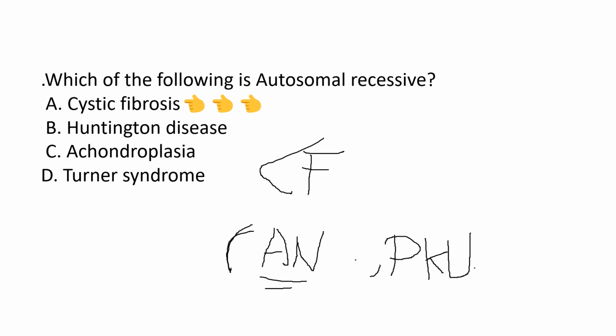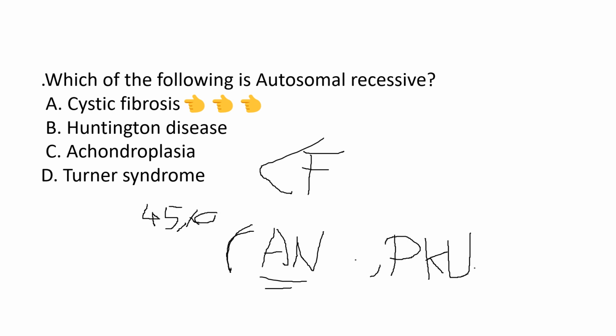Now coming to Turner syndrome. Turner syndrome is a completely different disorder. It is caused by the absence of an X chromosome in the female. So it leads to the karyotype of 45,X, or 45,XO.